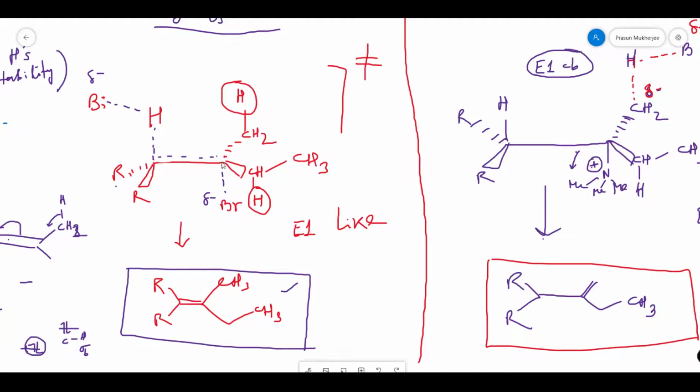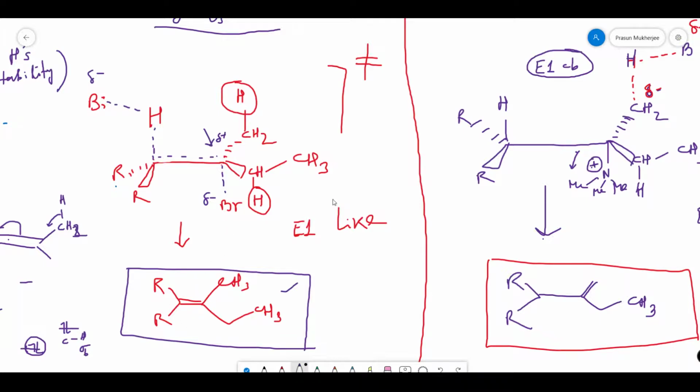As a result, in this carbon there will be a delta positive character in the initial step of formation of a carbocation, and as soon as this delta plus charge develops in this carbon, the molecule will adjust itself to eliminate the suitable beta hydrogen atom in order to generate the more substituted double bond.